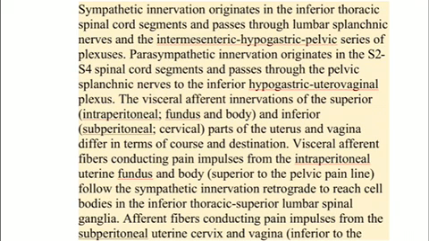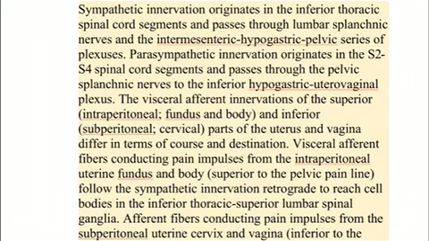The superior part of the uterus, made up of the fundus and body, actually is intraperitoneal, and the inferior part of the uterus, made up of the cervix, is subperitoneal. So their visceral efferent innervations vary in course and destination. There are visceral efferent fibers which conduct pain impulses from the intraperitoneal uterine fundus and body, and this is actually superior to the pelvic pain line.